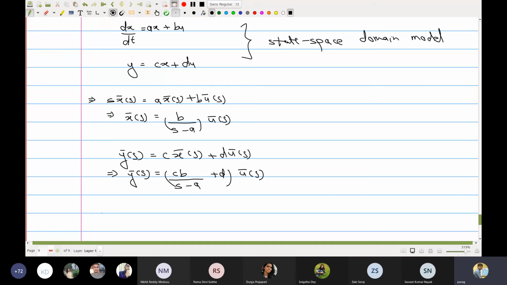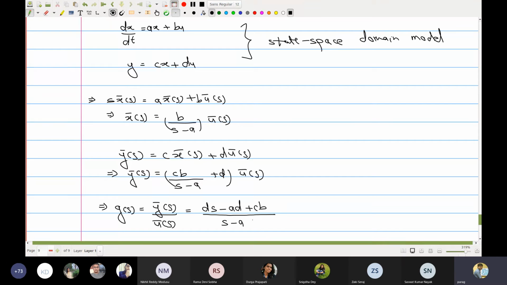So I can finally obtain the transform domain model, which means I need a transfer function, which is simply y bar of s divided by u bar of s. This will be equal to ds minus ad plus cb upon s minus a, right? This is the transform domain model.